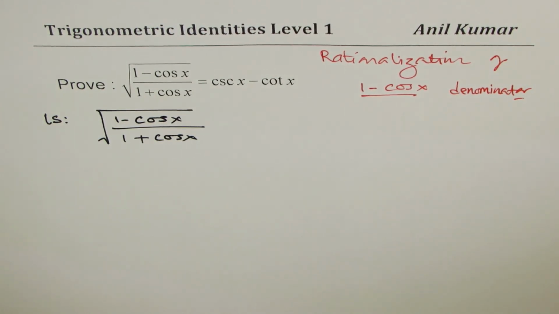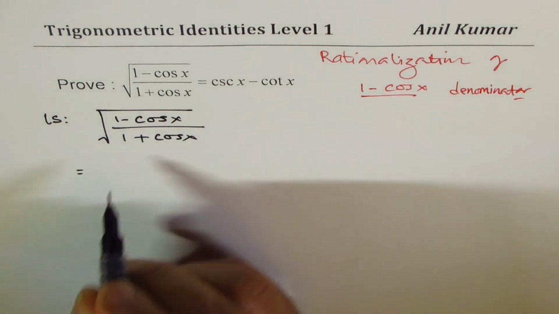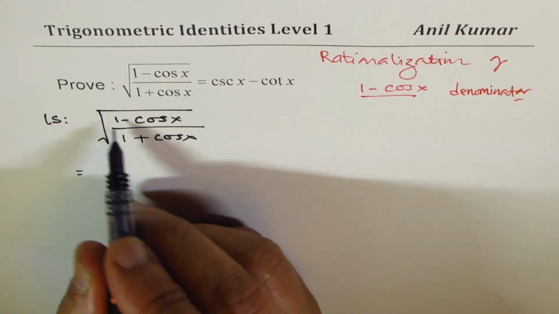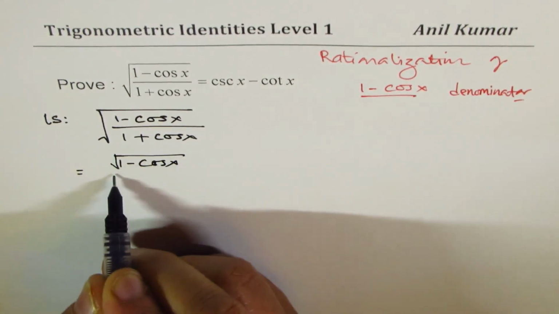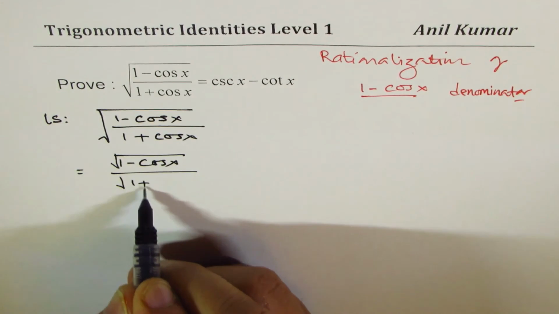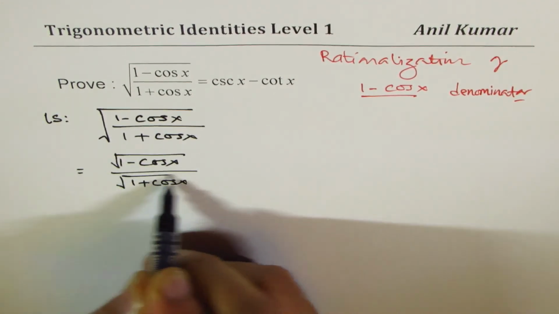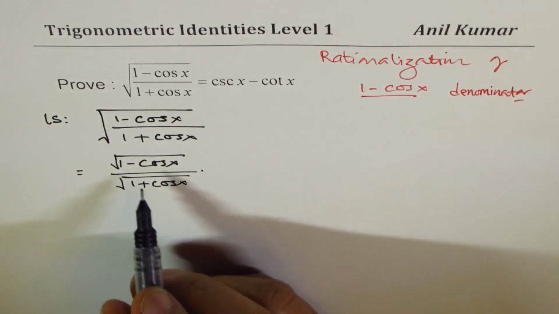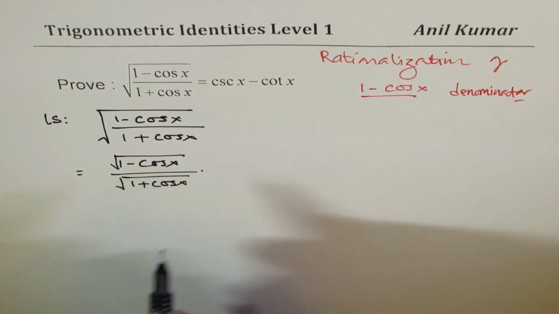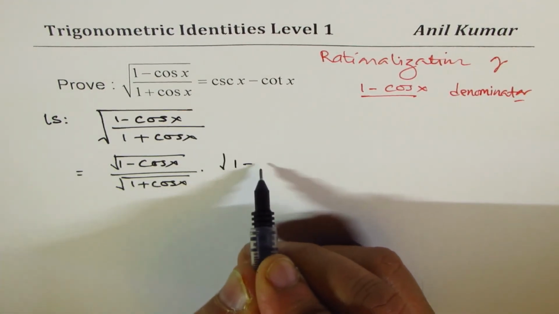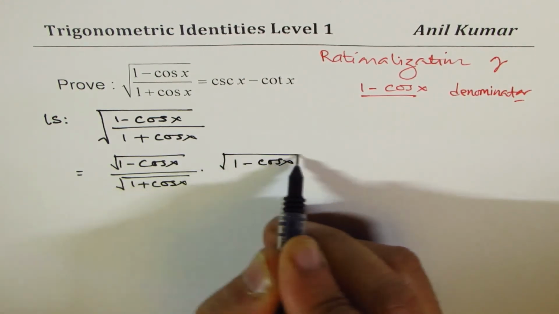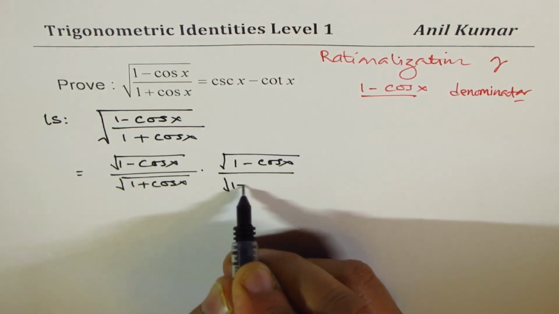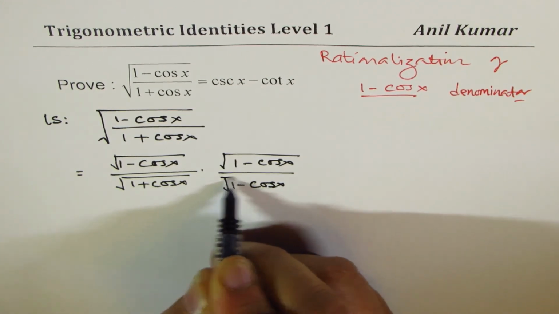You can actually pause the video, answer the question, and then look into my suggestions. Let's see how to do rationalization. I could write this as 1 minus cos x within square root over 1 plus cos x within square root. Rationalization means we'll multiply this by 1 minus cos x, which is the conjugate of the denominator, over 1 minus cos x, correct?